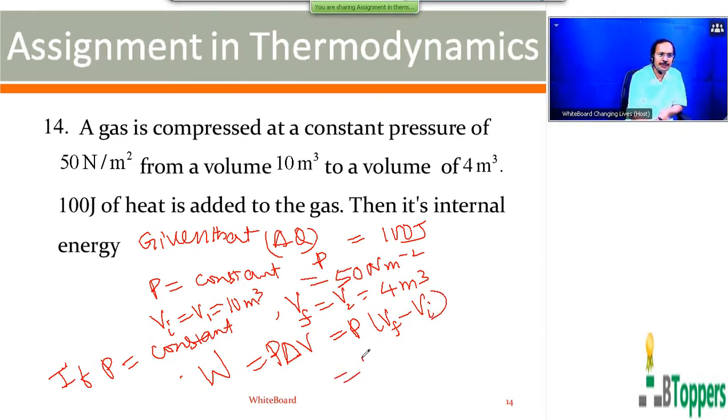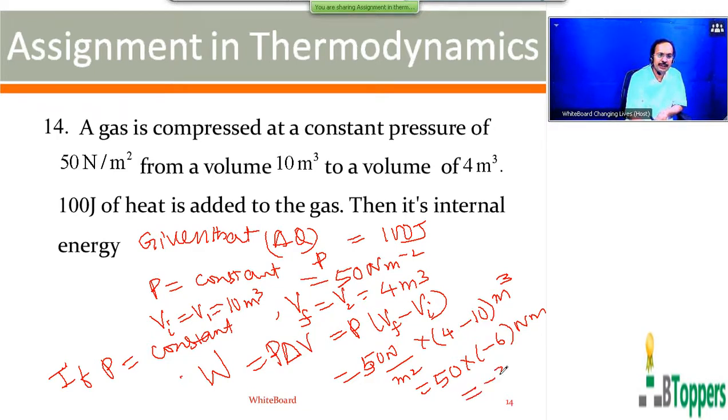The pressure is given to be 50 Newton per meter square. The final volume is 4 cubic meter and the initial volume is 10 cubic meter. So you get work done by the gas as minus 300 joules.